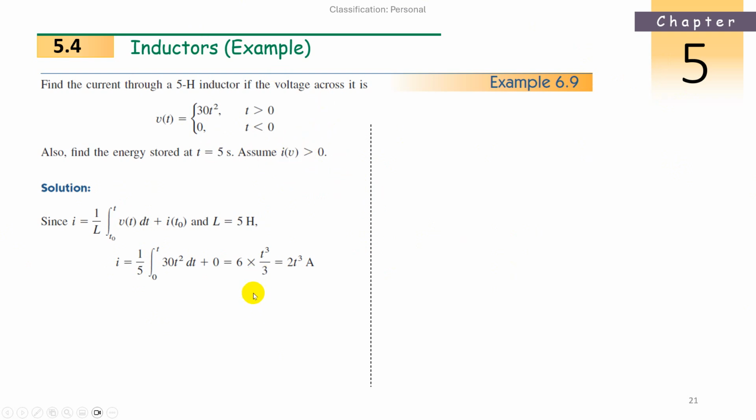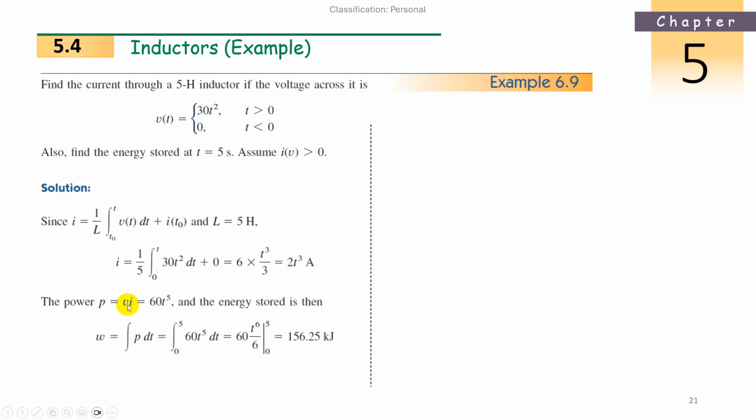So t square integration is t power 3 by 3. So 30 divided by 5 is 6, times t power 3 by 3, that is 2 t power 3 amperes i. So this is your current for the time period t greater than 0.